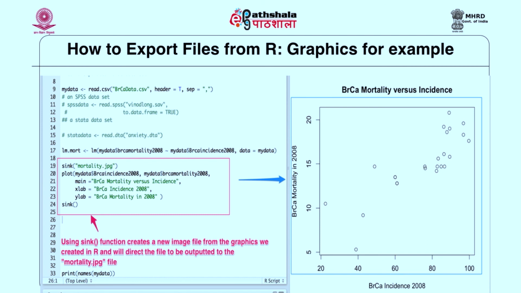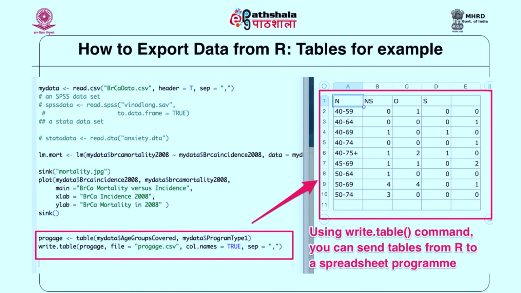Sometimes you would be interested to export tables, and so there's another way in which you can do this. Let's say you've got tabular data after you have conducted a routine data analysis, and you've gotten some figures in the form of a table which you want to export.